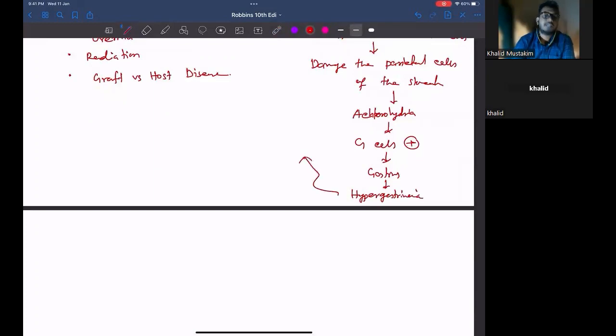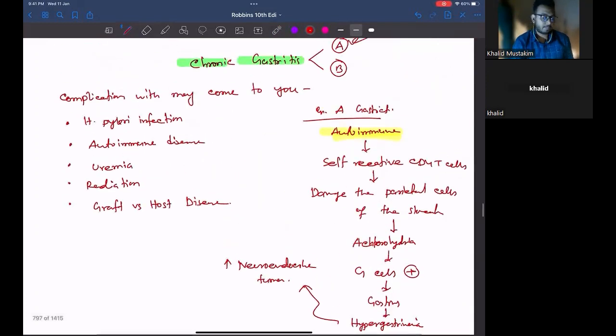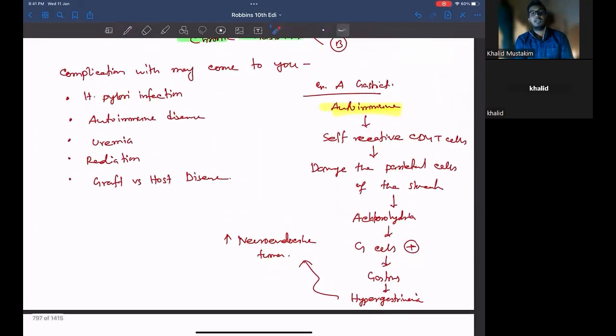And this hypergastrinemia is well associated with increased risk of neuroendocrine tumor. So actually what happens, if a patient comes to you with some autoimmune conditions. Now, what are some autoimmune conditions?